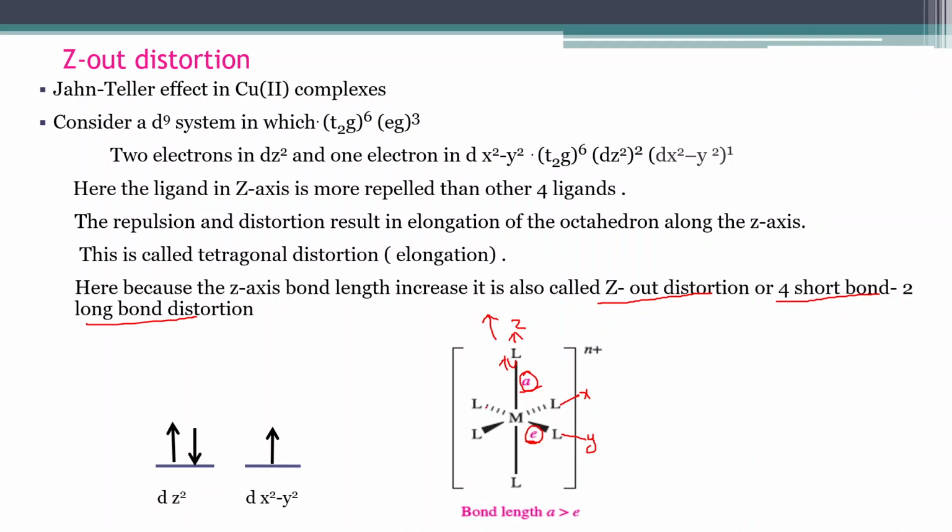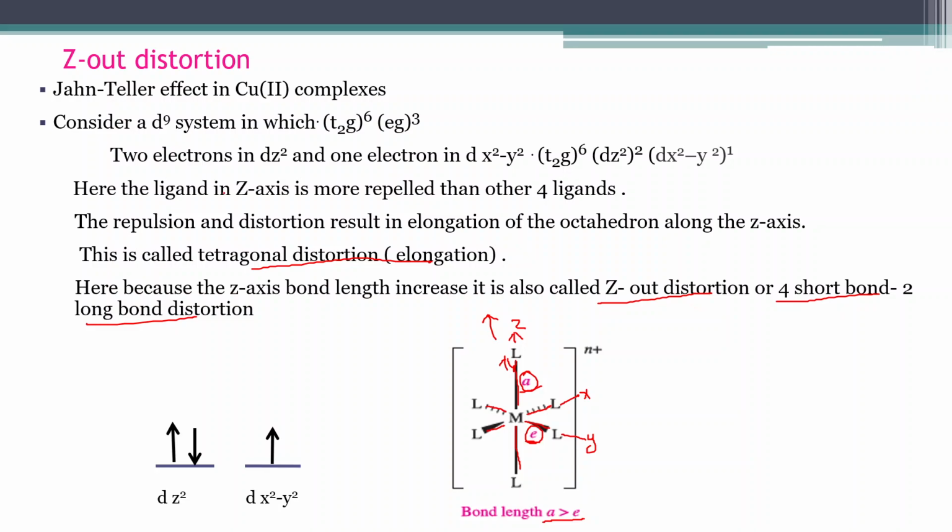That means the 4 bonds in the xy plane will be shorter, and the 2 bonds on the z axis will be longer. You can see A is greater than E. That means the axial bonds are longer than the equatorial bonds. And there are 3 names for Z out distortion: tetragonal distortion elongation, Z out distortion, or 4 short bond 2 long bond distortion.